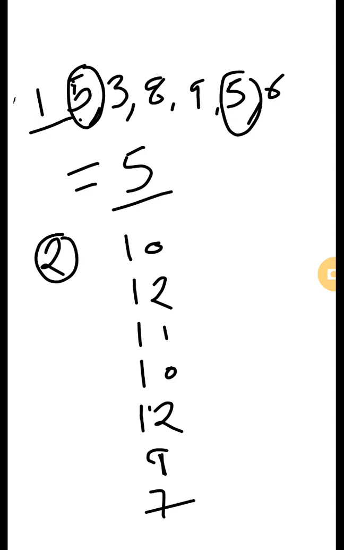So these are the numbers. Here what you can see is the number 10 and the number 12 is occurring 2 times, right? Hence there are 2 modes here. Both occur twice and other values occur only once. Therefore there are 2 modes, right?